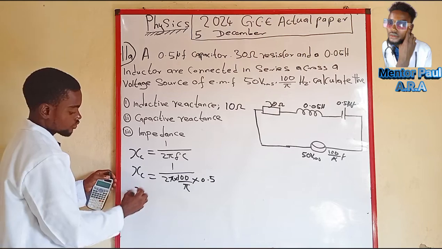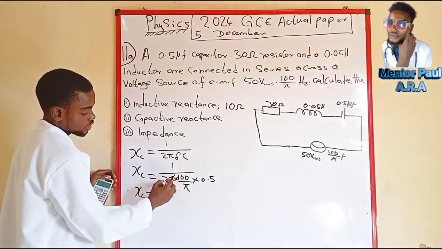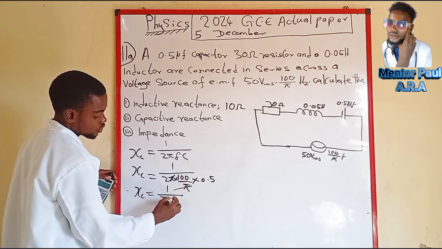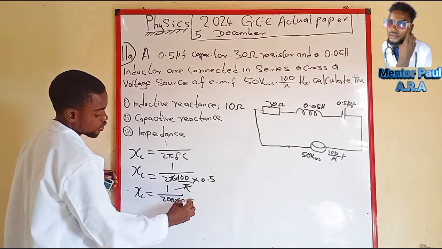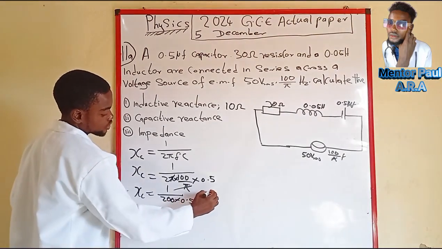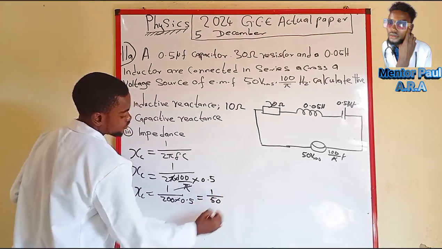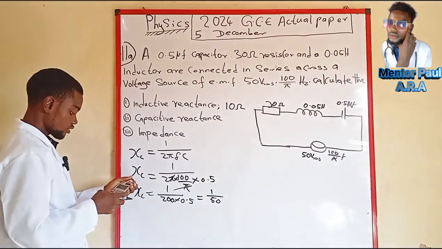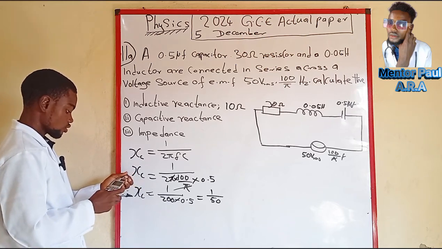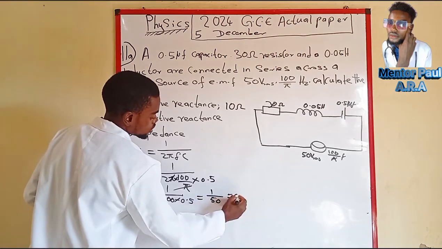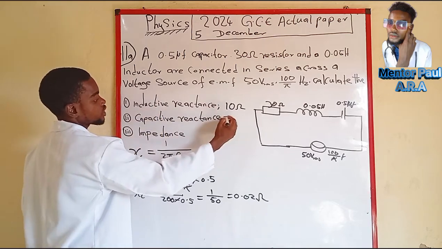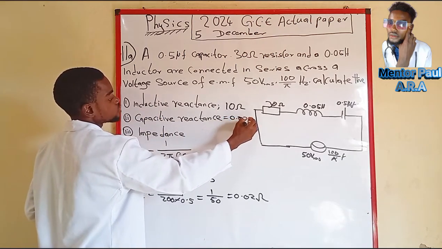I won't change this pi, because the frequency is 100 over pi. We cancel the pi, leaving 1 all over 2 multiplied by 100 multiplied by 0.5, which is 200 multiplied by 0.5, half of 200, so it is 1 over 50. And 1 over 50 gives us 0.02, measured in ohms, just like the inductive reactance: 0.02 ohms.